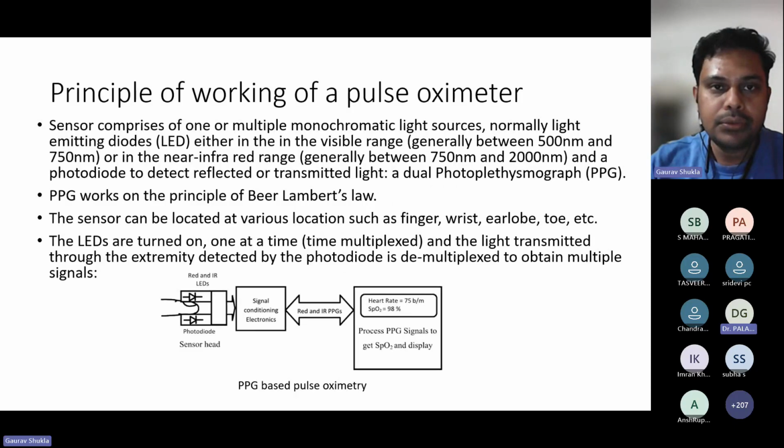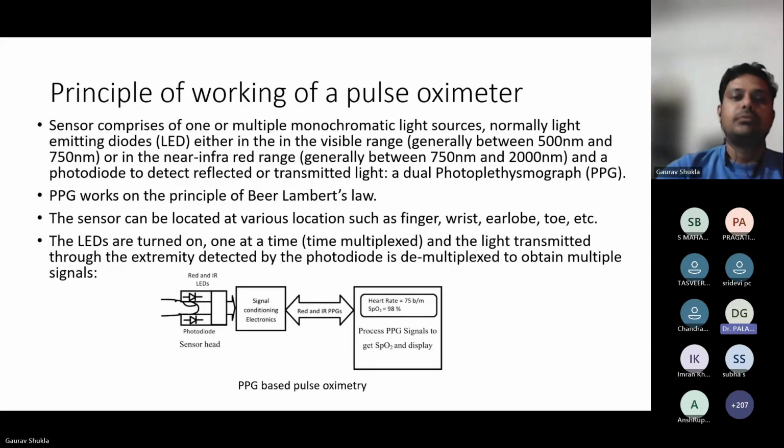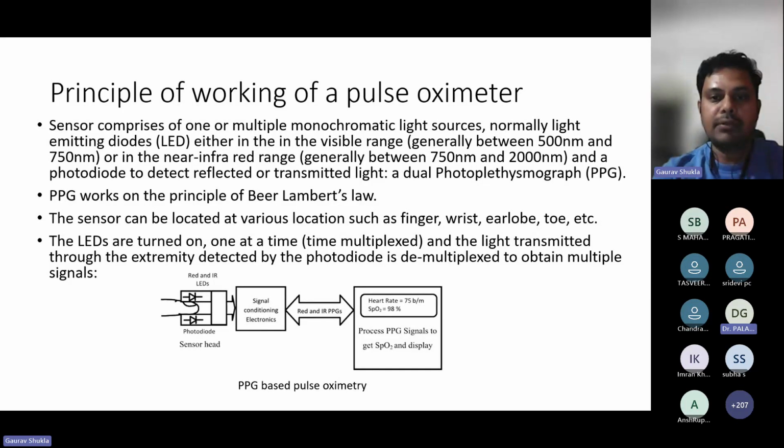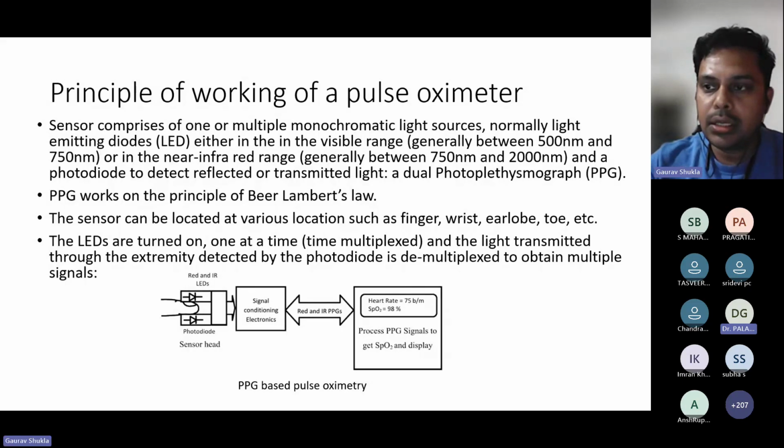Coming to the popularly known technology of pulse oximeter, which is derived from PPG. PPG is an optoelectronic method of getting a volumetric change in the exposed area of an organ.